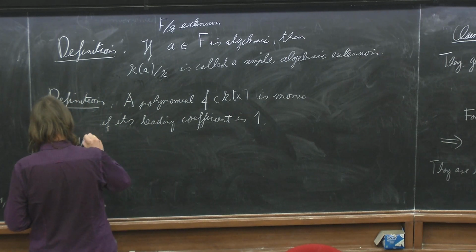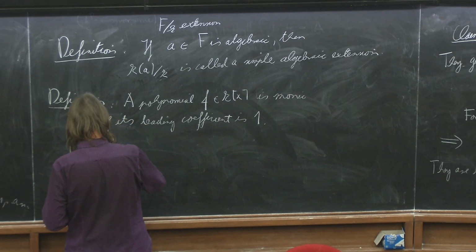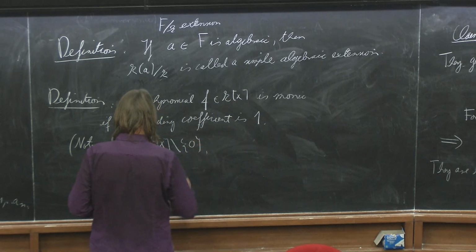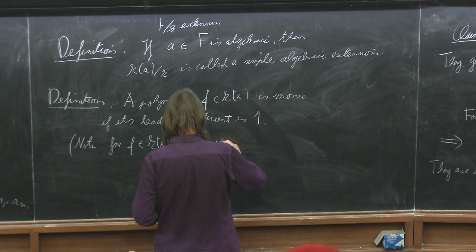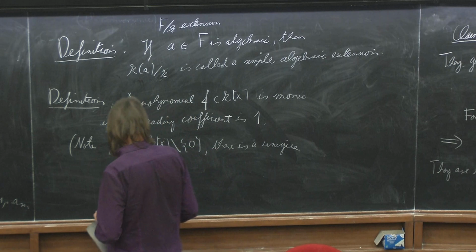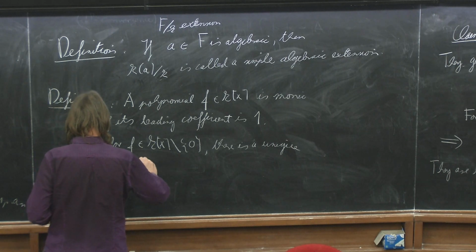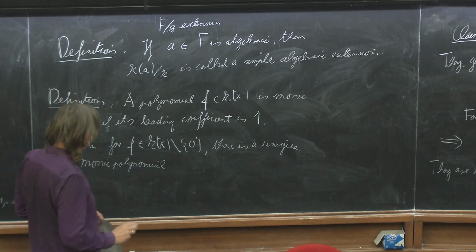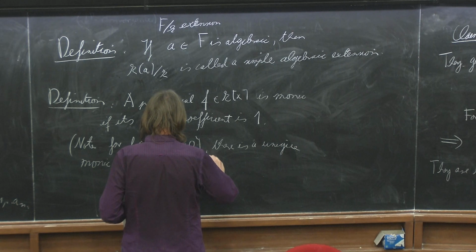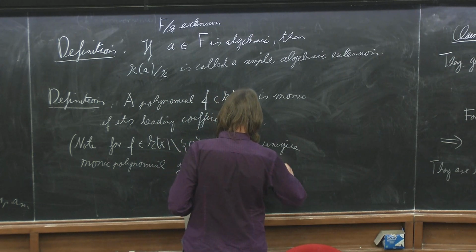So note, it's clear that for f a non-zero polynomial, there is a unique monic polynomial g in K[x] such that the ideal generated by f, obviously in K[x], is equal to the ideal generated by g.